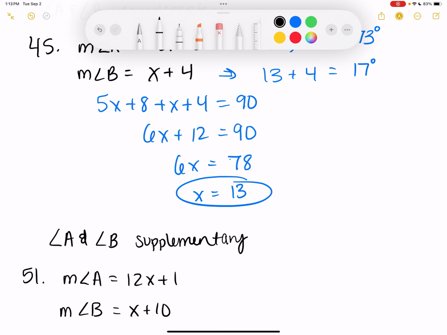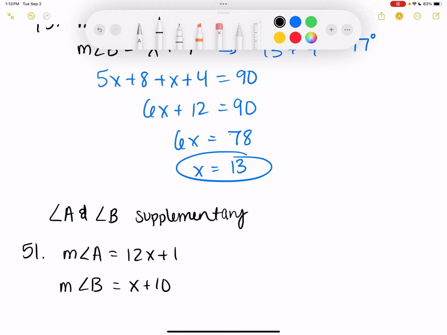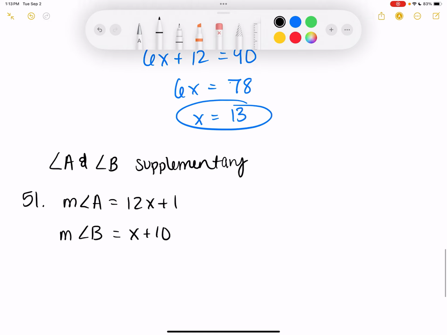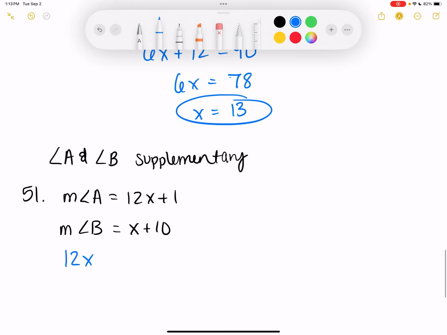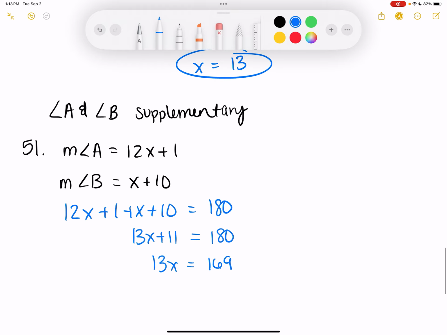So we're going to add them together and set them equal to 180. So 12x plus 1 plus x plus 10 equals 180. So I've got 13x plus 11 equals 180. So then 13x equals 169. 169 divided by 13 is 13. It's a perfect square. So x is 13, but again, I'm not done. I need to plug it in up here.